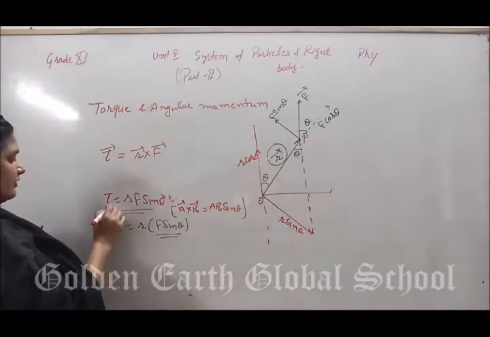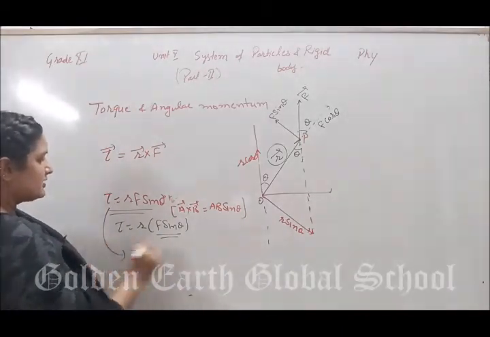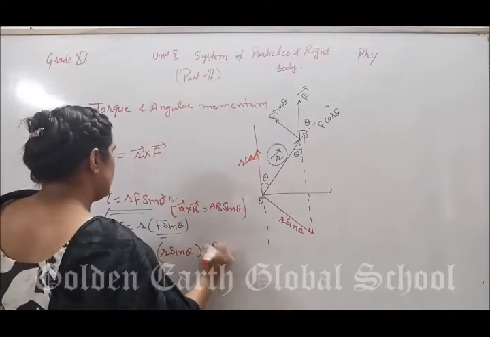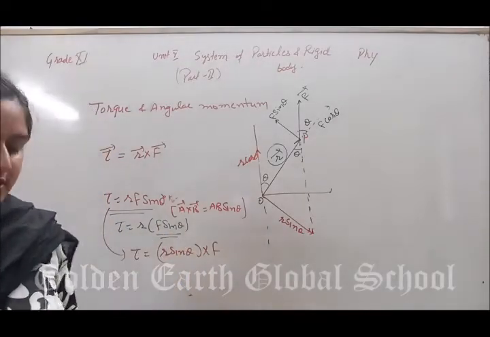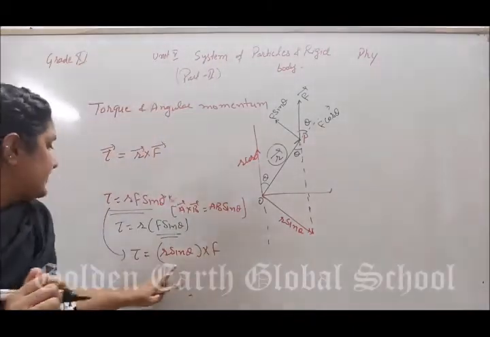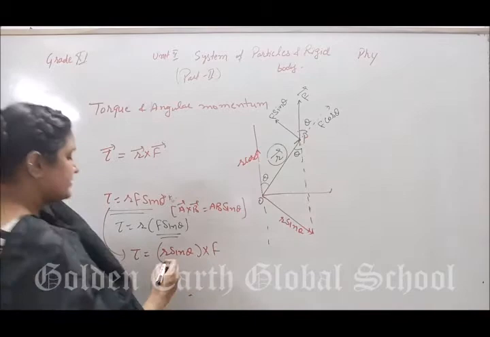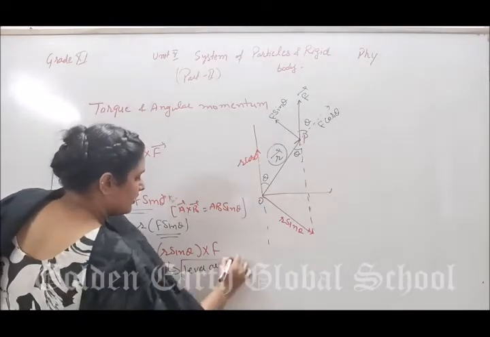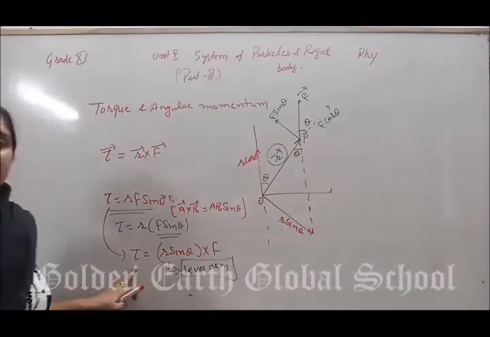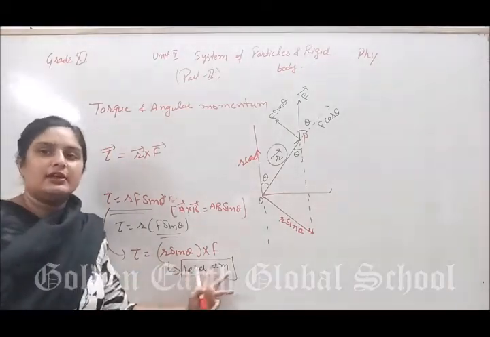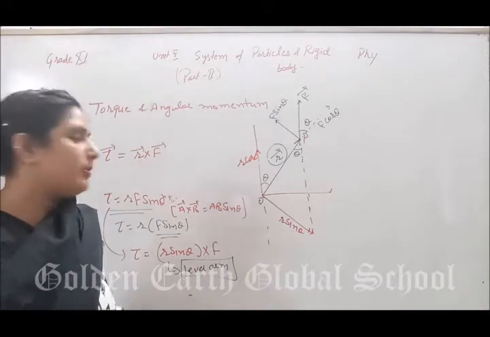Now I can write this equation as torque is equal to R sin theta into F, and this R sin theta is called the lever arm. So torque can be defined as the product of the lever arm and the force acting on the particle.